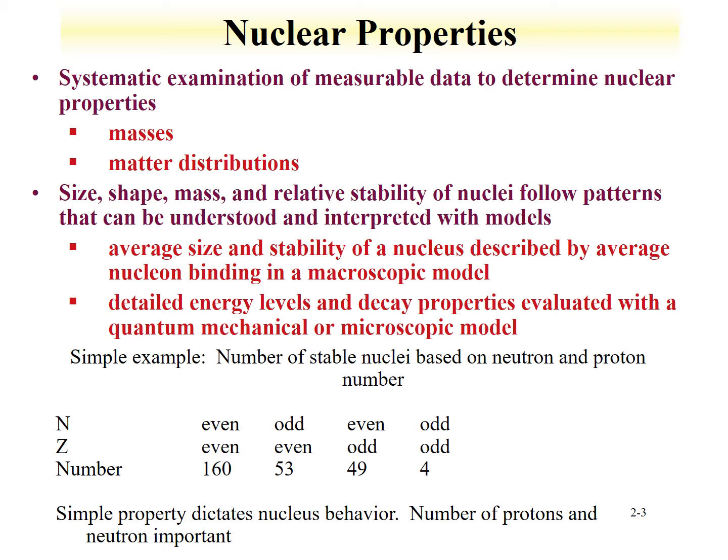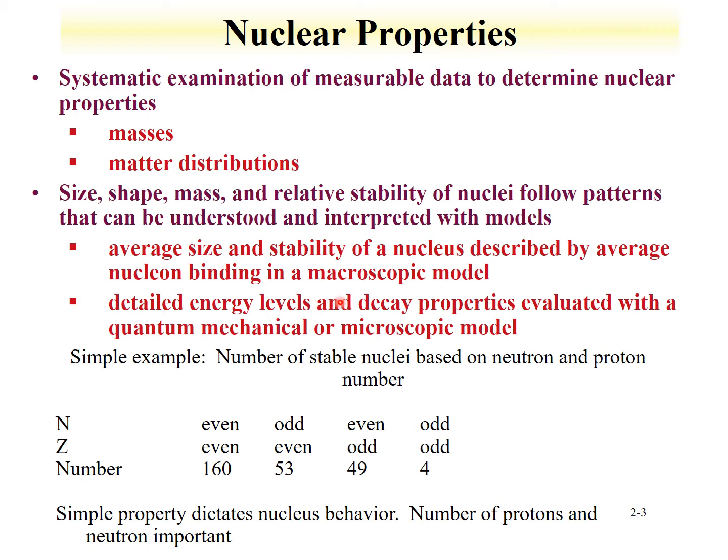And once you have these patterns and you understand them, one develops models so that these trends can be described. So you interpret that data. That's a classic method that's been used in nuclear physics, and we'll describe how that pattern is used not only for these fundamental nuclear properties, but in methods where one evaluates decay of nuclei, trying to understand how decay occurs.